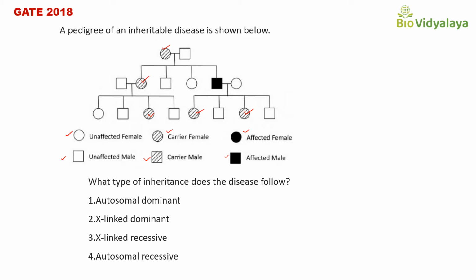So we can say that it is a recessive trait. But we don't know whether it is autosomal or X-linked. So next we have to find whether it is an autosomal or X-linked recessive trait. Okay.